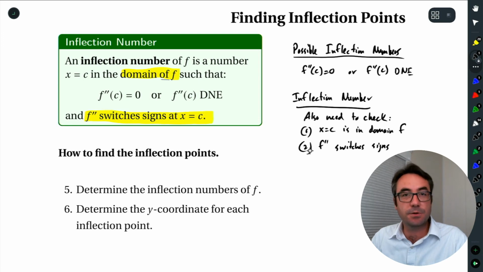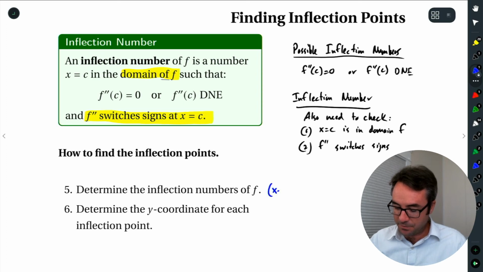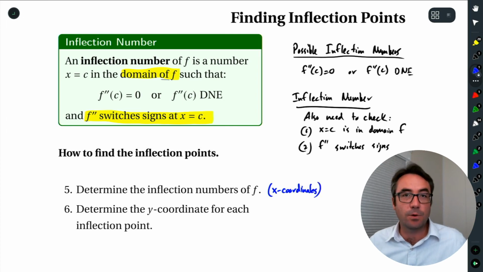And then once we're certain that we actually do have an inflection number, the last step, step 6, will be to figure out what the actual coordinates of our point are. What is the y coordinate? We already have our x coordinate. The last thing there is to find the y coordinate for the inflection point. So essentially in step 5, we're finding the x coordinates, and in step 6, we're finding the y coordinates, and we put it all together to package it up into an actual point.